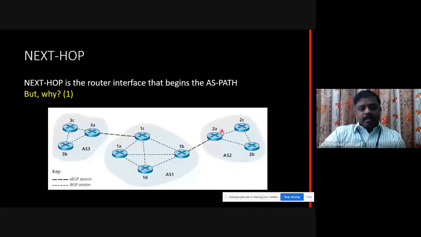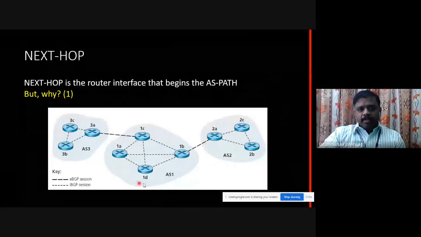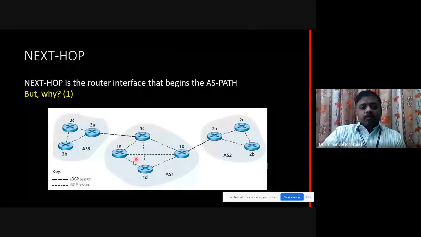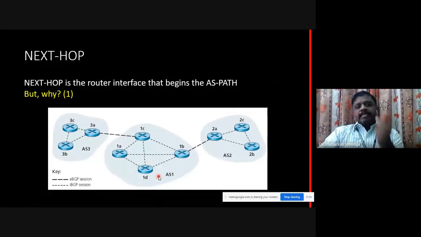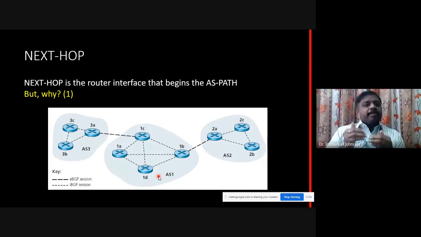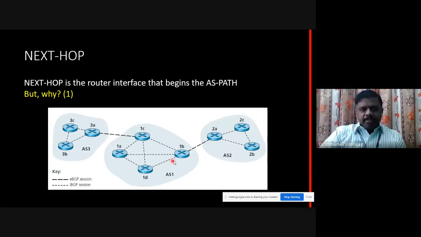When they are distributed among this autonomous system path, these routers look at the path and see the next hop interface. Where am I supposed to forward the packet so that I can reach the destination? Once you have a packet to be forwarded to 2B, you clearly understand the packet has to be sent through this.